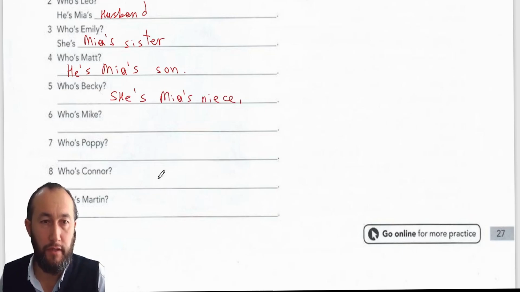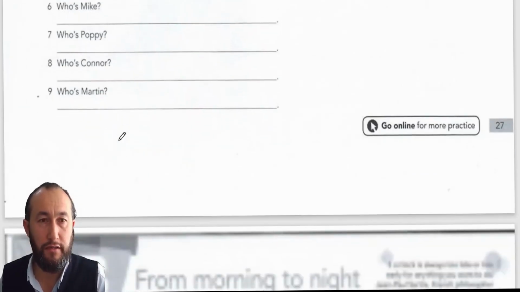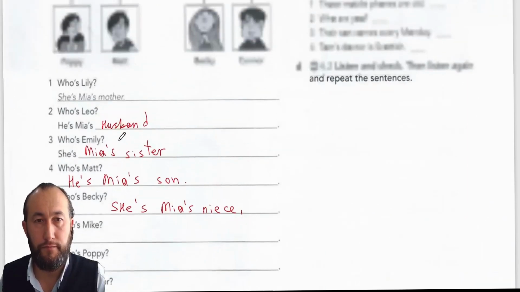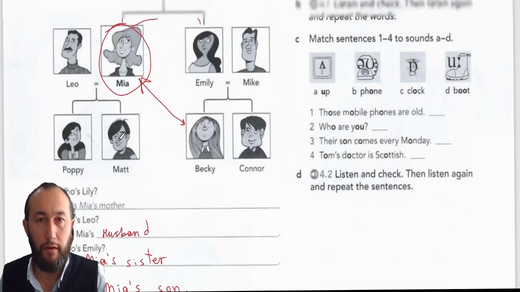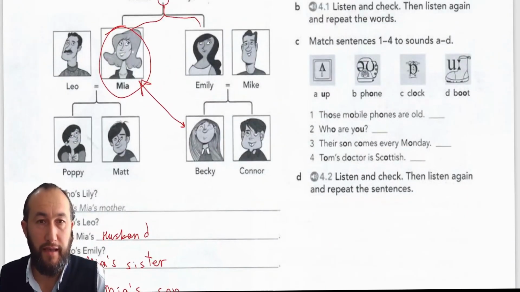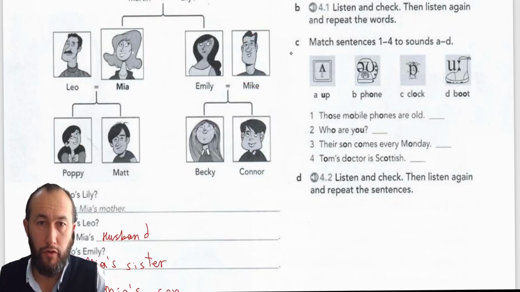That's it. Now, number 6. Who is Mike? Okay, Mike is Emily's husband, guys. So the relationship between Mia and Mike, we're talking about Mike here. Mike is Emily's husband. Emily is Mia's sister.